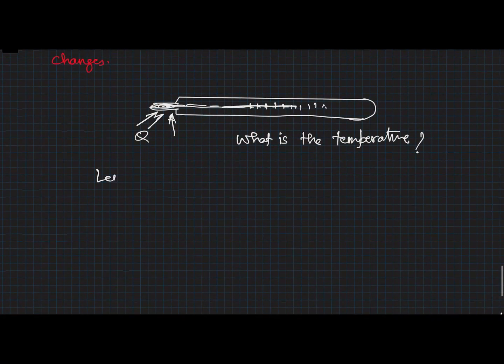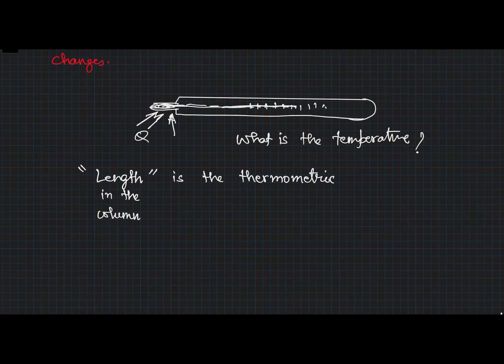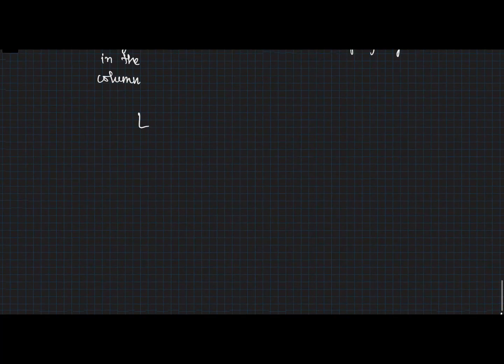So the length in the column is the thermometric property. And we can also say that this length is directly proportional to the change in temperature, and that's how we measure the temperature.